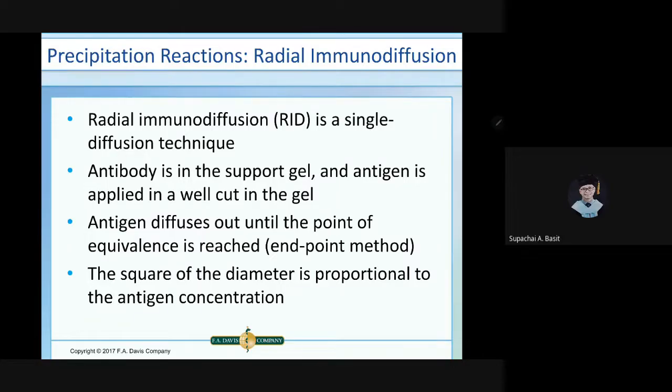So we will be measuring the square of the diameter, which is proportional to the antigen concentration. Meaning to say, the wider the diameter, the more concentrated the antigen is.